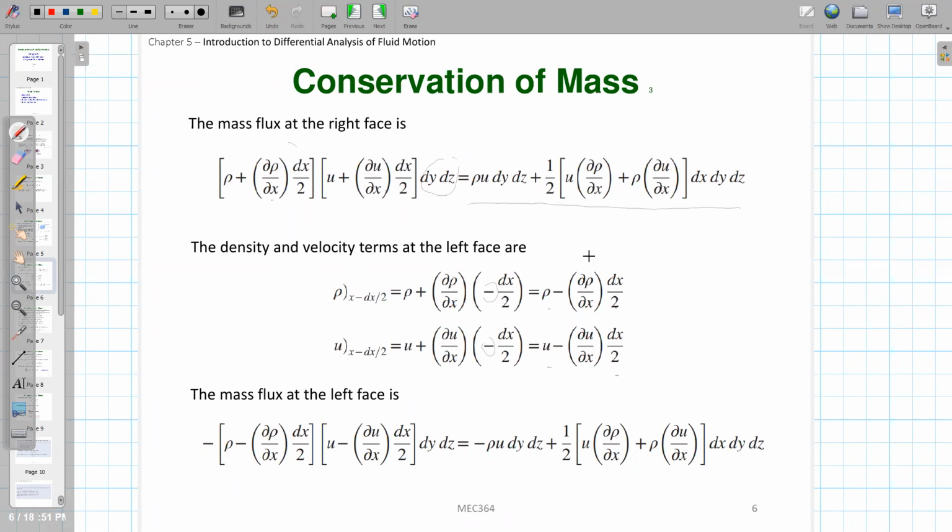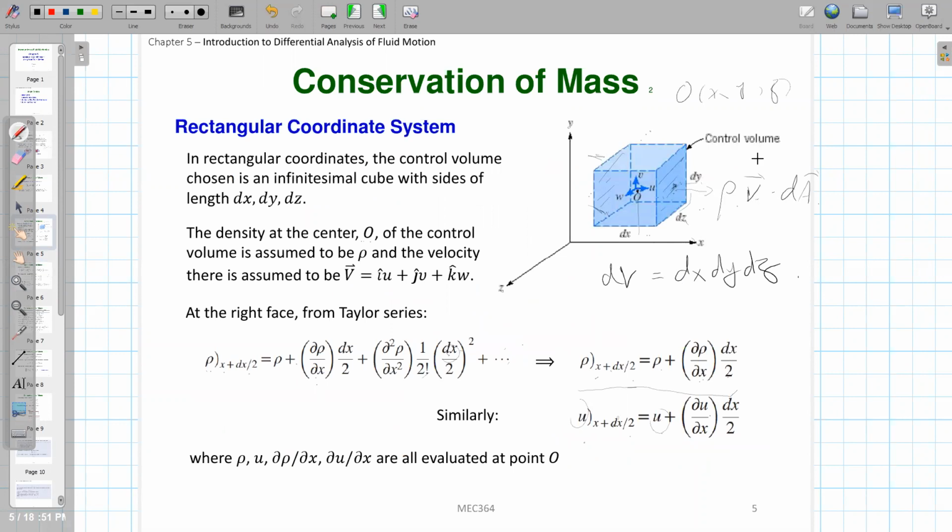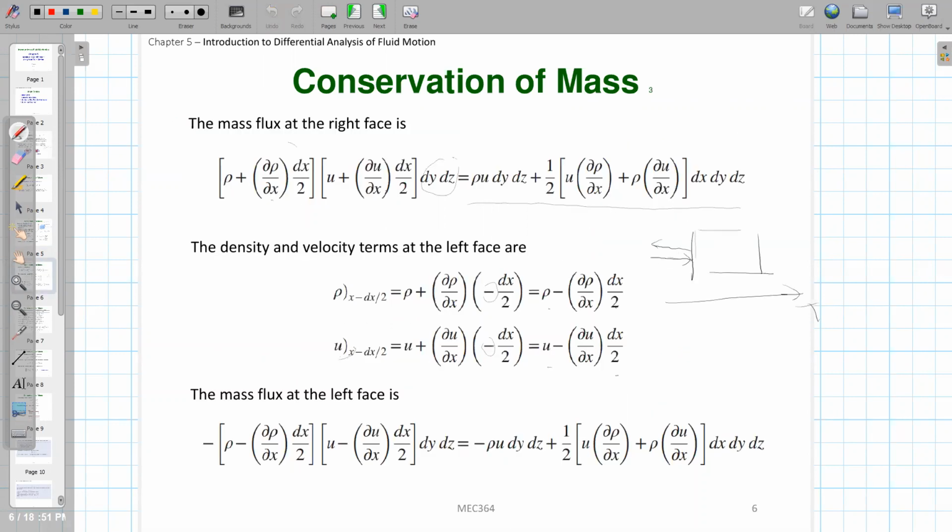And for this one, this is the left surface, so this is x, and this is the right surface. Remember when we define this u, if u is larger than 0, it is always going in the positive x direction. And the surface area is always in the opposite direction of this positive u direction. So when you do this rho v dot dA, you will have a negative sign for this surface.